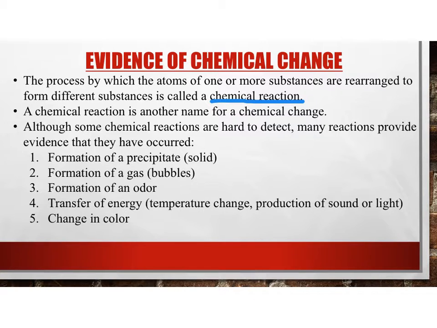We might experience the transfer of energy by observing temperature changes, so it might get warmer or it might get cooler. And we may experience that through the production of sound or light. And then finally, we might experience a chemical change through a change in color. Not like I'm coloring my fingernails, not that kind, but a somewhat unexpected change in color.